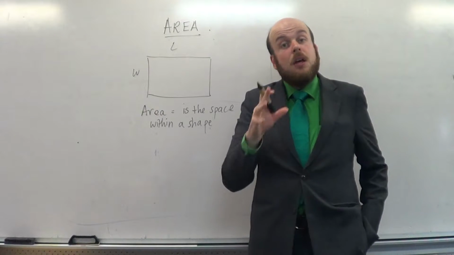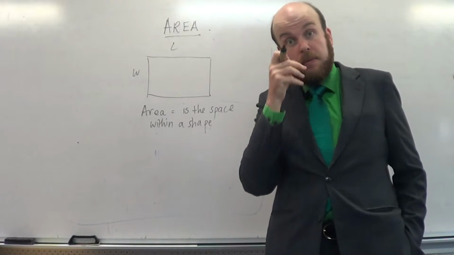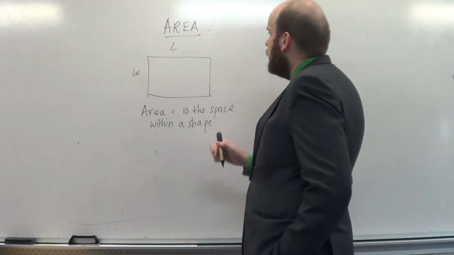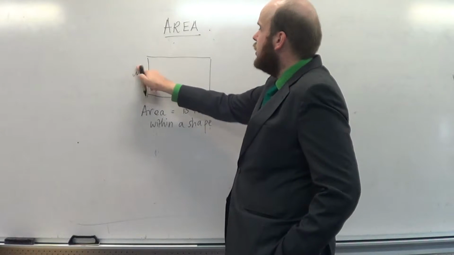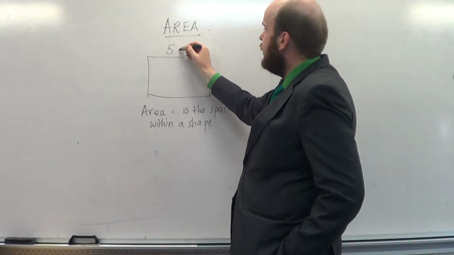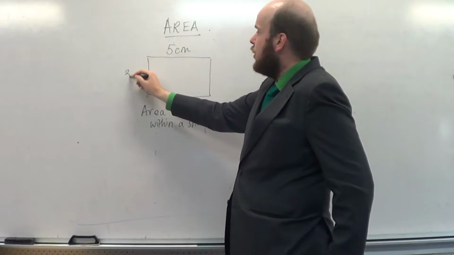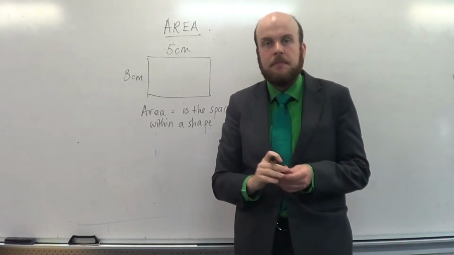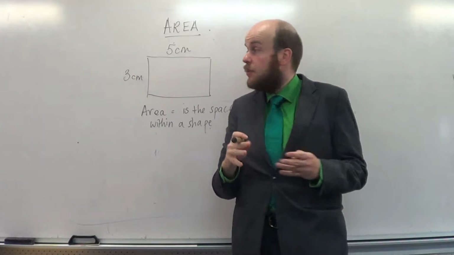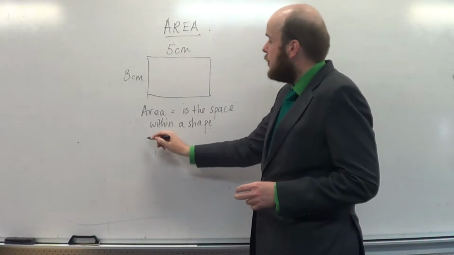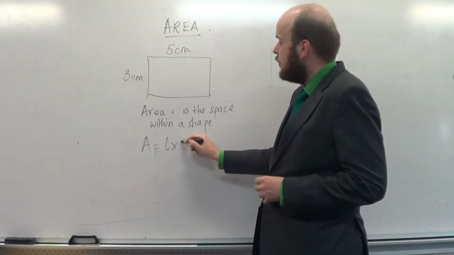Now you might remember that they have certain units as well. So let's say, for instance, this rectangle was 5 centimeters long and 3 centimeters wide. Now the area, you'll remember that area is length times width.